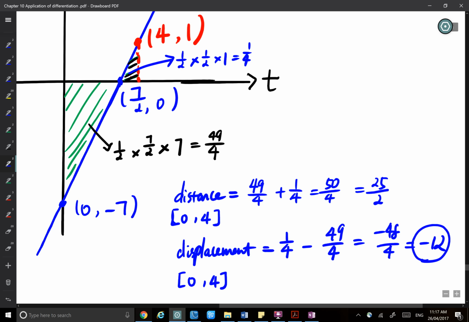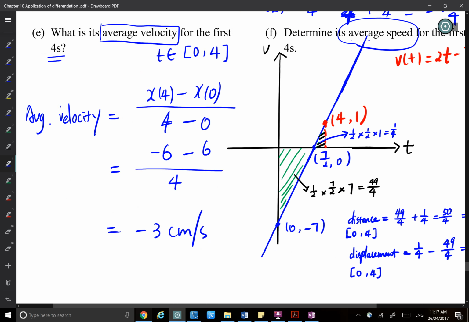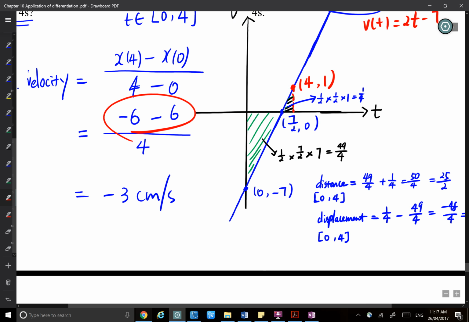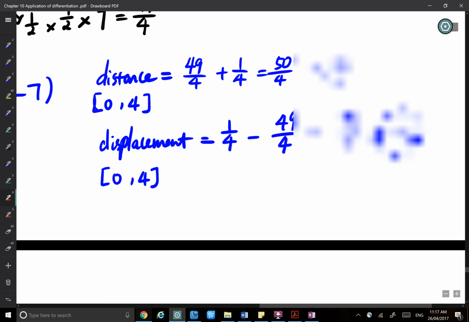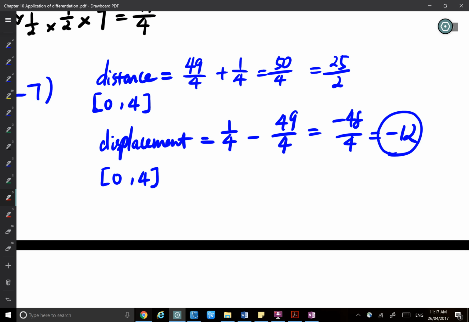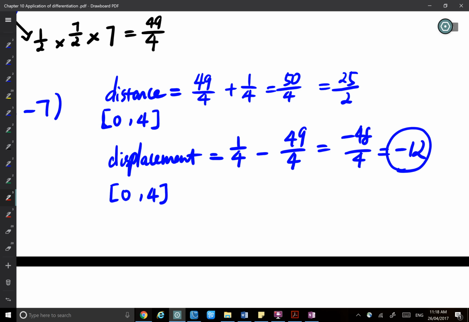We have the displacement before, which is negative 12. So you have negative 12 as the displacement if you take the sign into account. But if you're not thinking about the sign, you treat them all positive and add them, that will give you the distance.